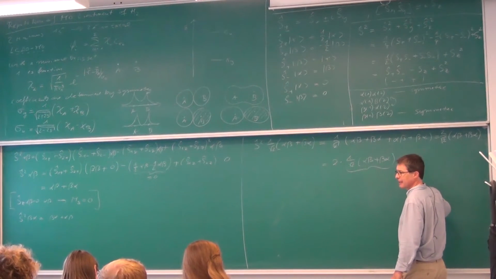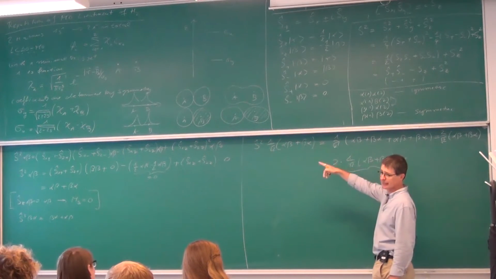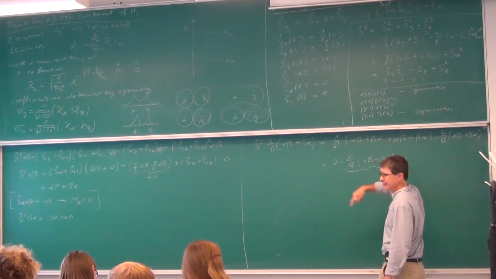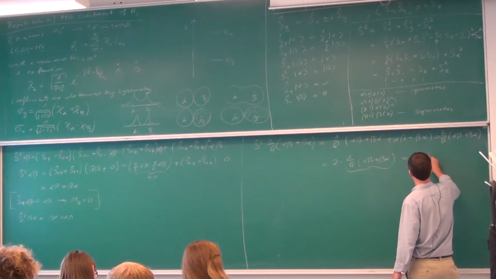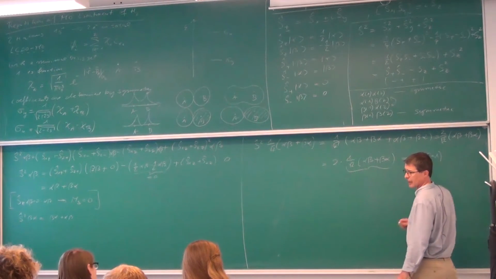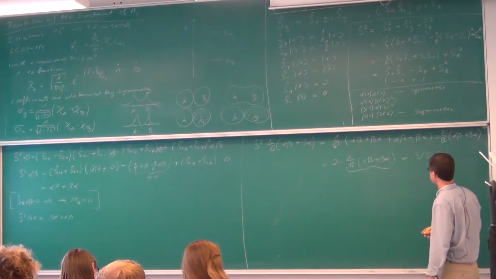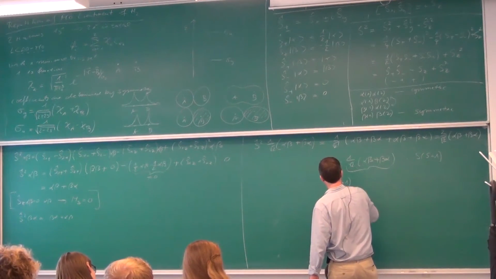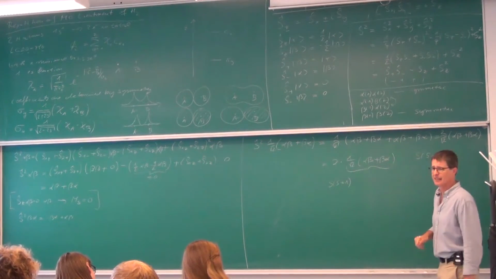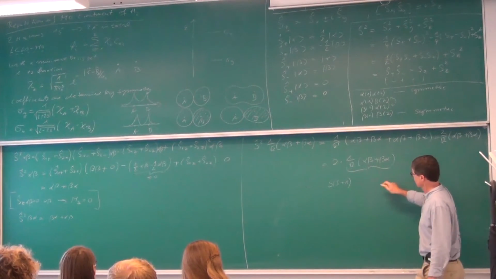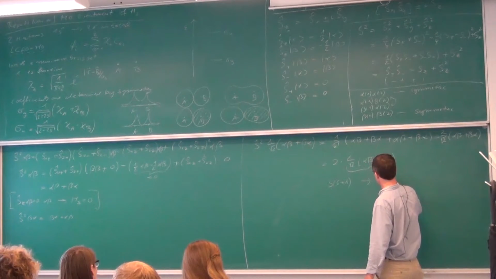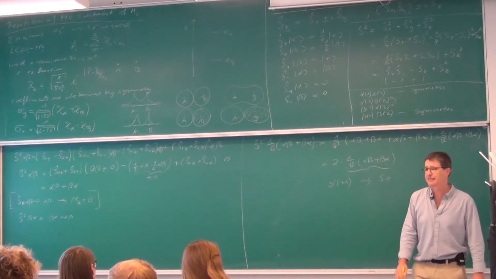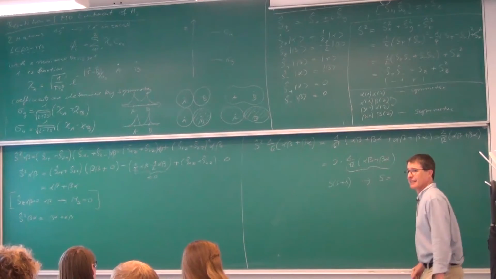Now we know that if it's an eigenfunction of S squared, then the eigenvalue is S times S plus 1 times the original function. That's what it's supposed to be. So what's the value of S then? Patrick?